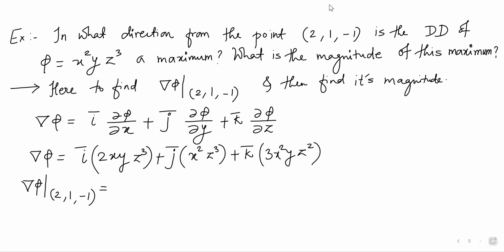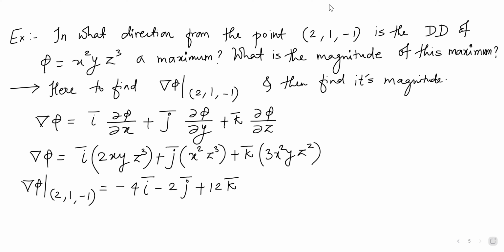So it will be minus 4 i bar, because minus 1 cubed is minus 1. Then we have minus 2 j bar, and the third thing is 3 times 4 is 12, so that is 12 k bar.